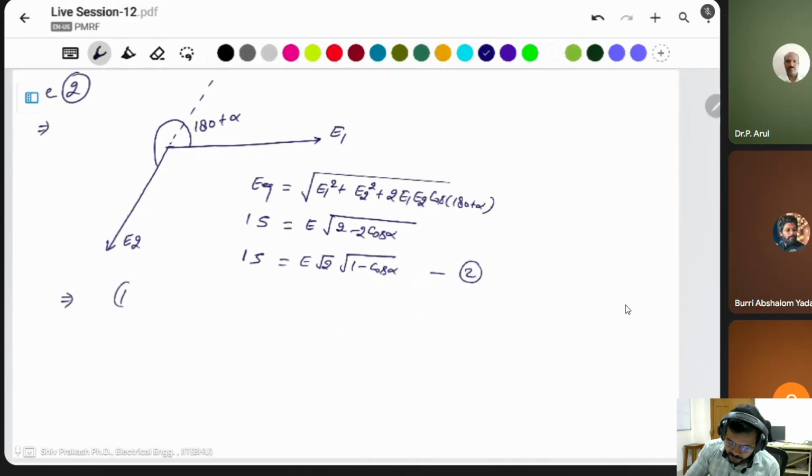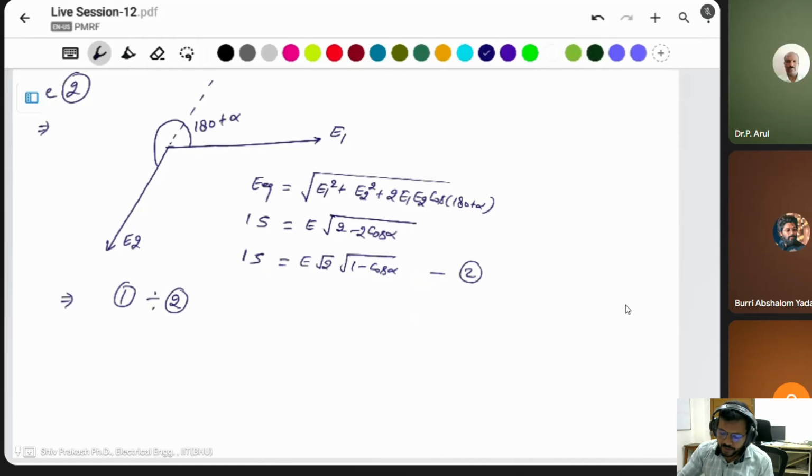Simply divide equation first by equation second. Sir, if I consider E2 as minus, then E1 square and E2 square cancel? The numerical value is equal but the direction is opposite.